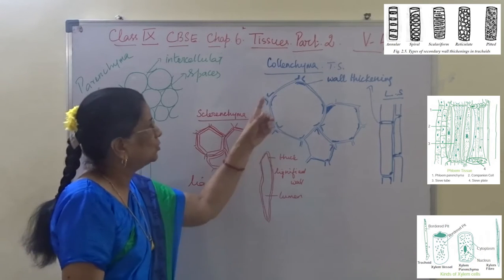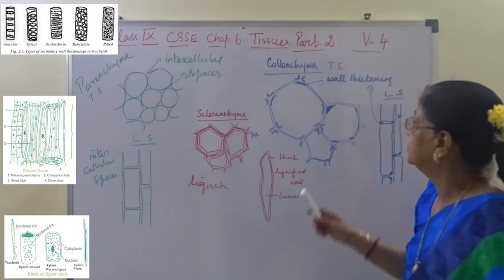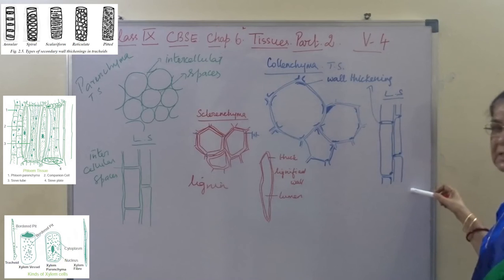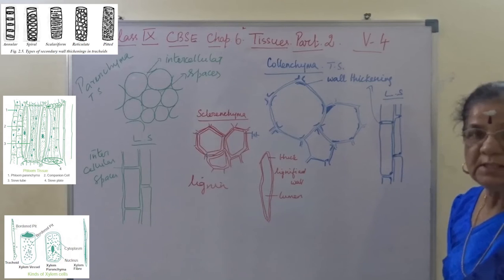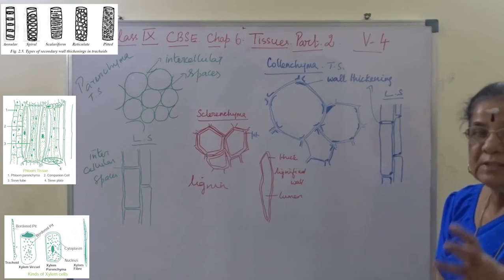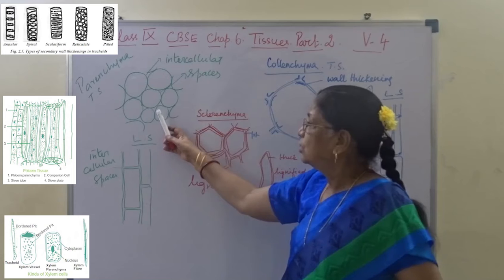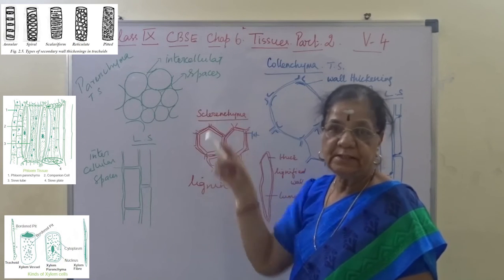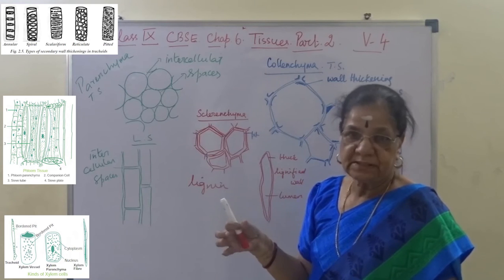Whereas for collenchyma, in our textbook, this is the transverse section and this is the longitudinal section. When we talk about parenchyma tissue, these tissues become collenchyma by the addition of pectin.